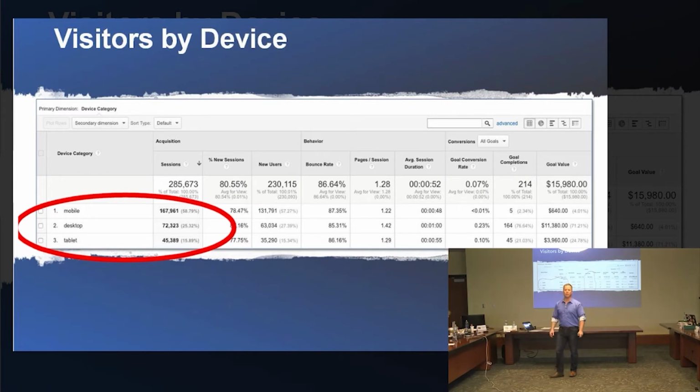Honestly, it just means everyone's having a bad experience. But when 60% of your visitors are mobile and 80% of those leave, that hurts you more than 80% of 25%.